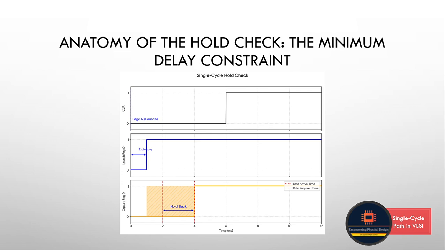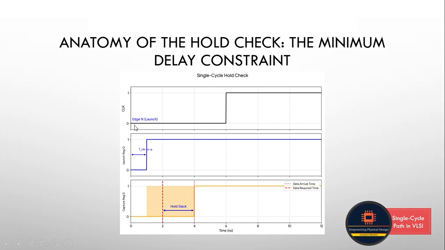We'll explain that using a waveform here. As we know, the hold check is a minimum delay constraint. So let's look at how the hold check visualizes on a waveform. Look at this top block, the clock. The data journey starts at edge n, which is our launch edge at 0 nanosecond.